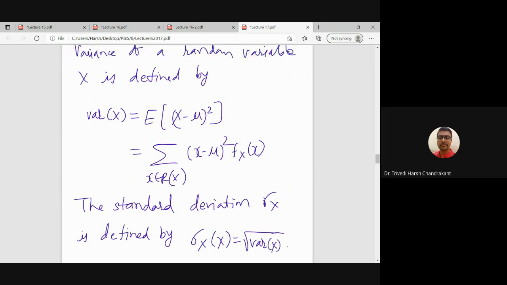All these definitions coincide with our usual definitions of mean, variance, and standard deviation, which we studied in school mathematics when we consider the discrete uniform random variable with finitely many outcomes.